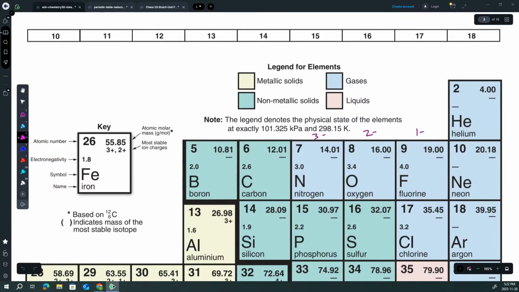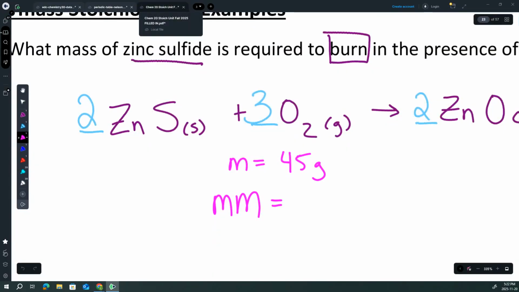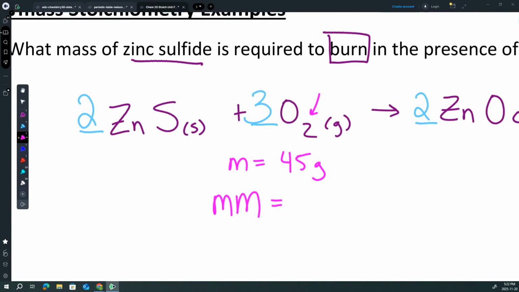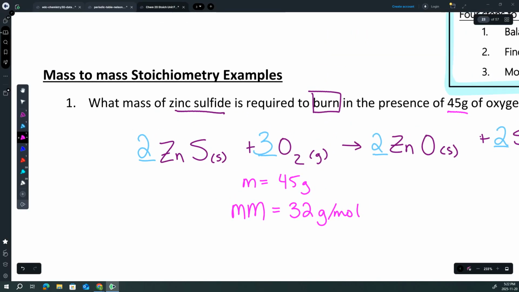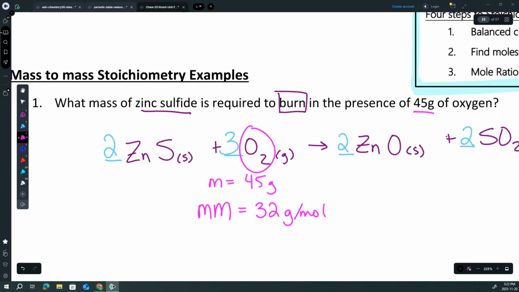The molar mass for 1 atom of oxygen is 16. Since we have 2 here, 2 times 16 is 32. I would say the most common mistake with combustion reactions is forgetting that oxygen is diatomic. So watch out for that.